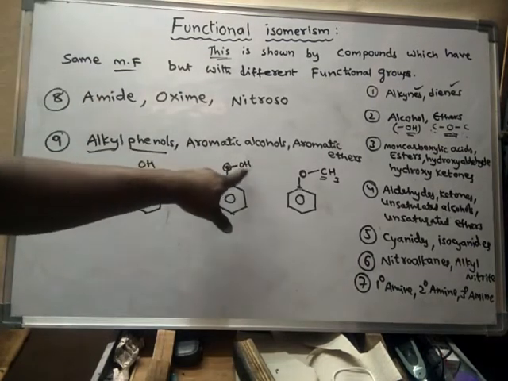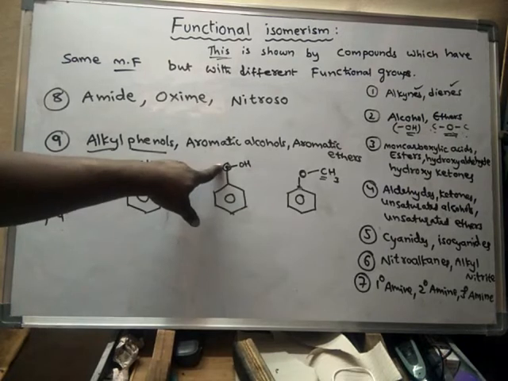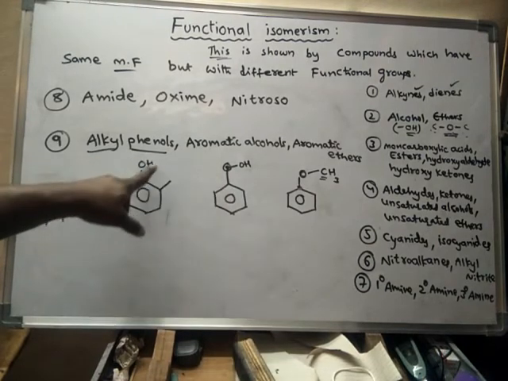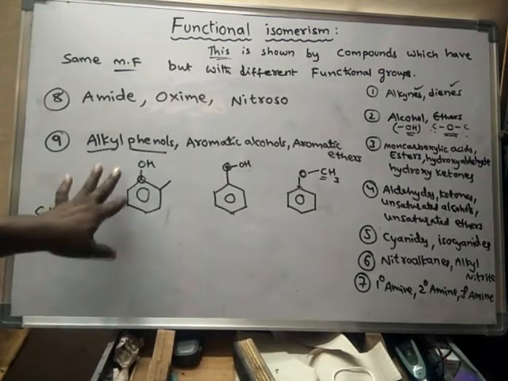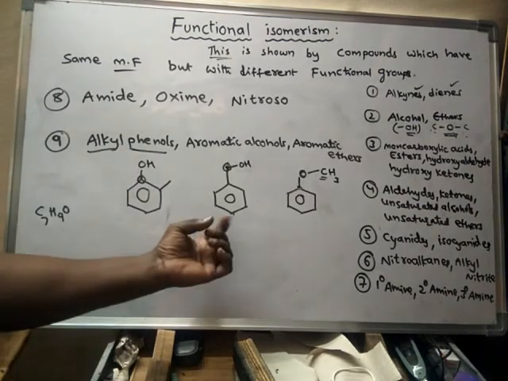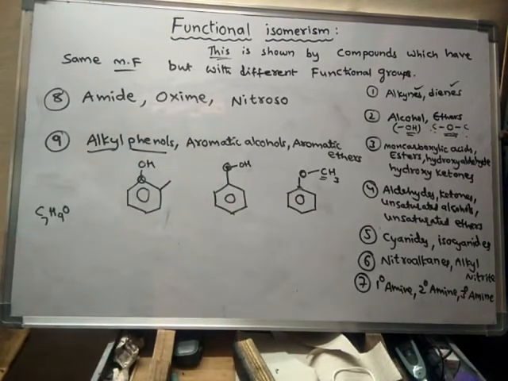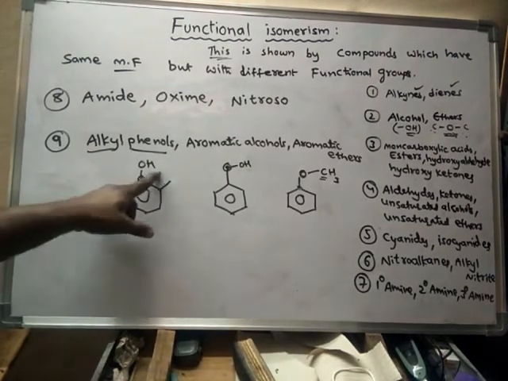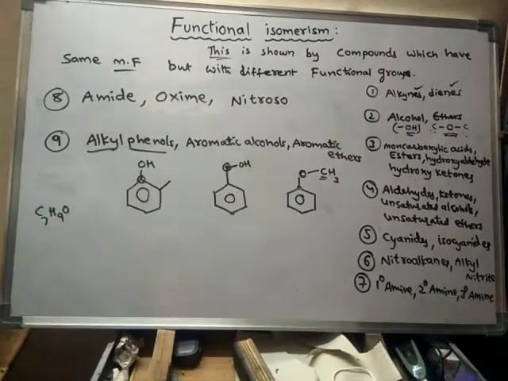So this alcohol's behavior is entirely different from this one. This is said to be phenol, and this is alcohol. So these two are functional isomers. Remember, though OH groups are present in both cases, these two are said to be functional isomers.